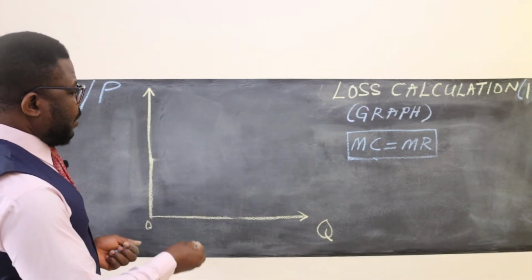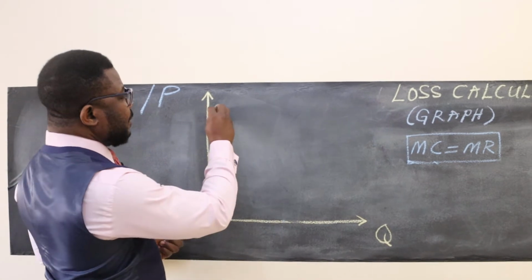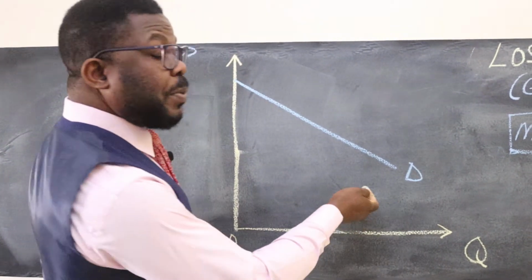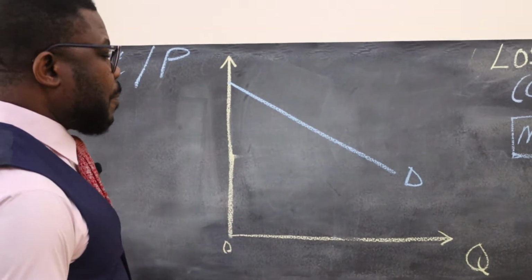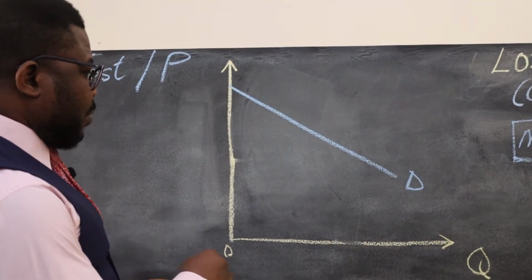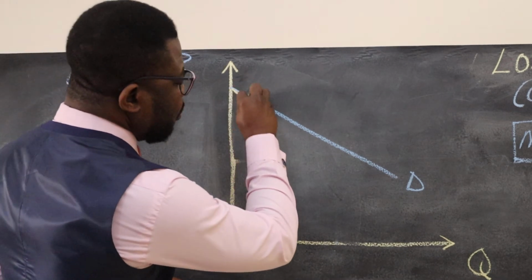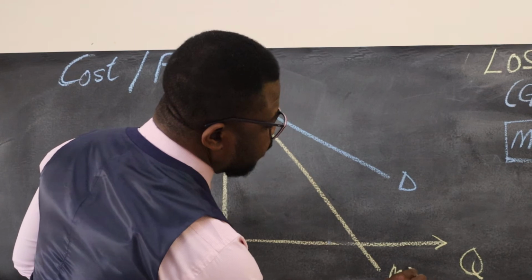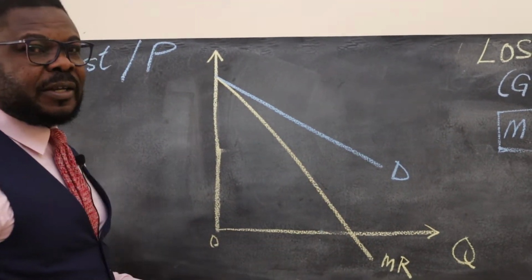So we have our graph, and as I've said, the demand curve for this monopolistic competitor is downward sloping, and the marginal revenue line is twice the slope of the demand curve.